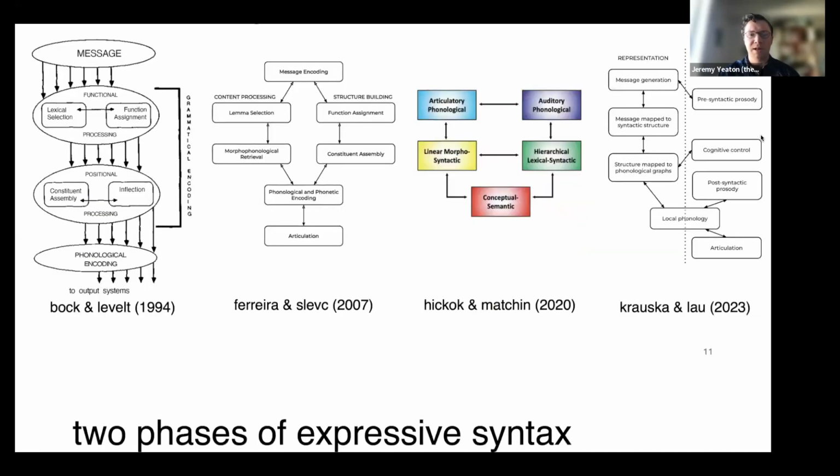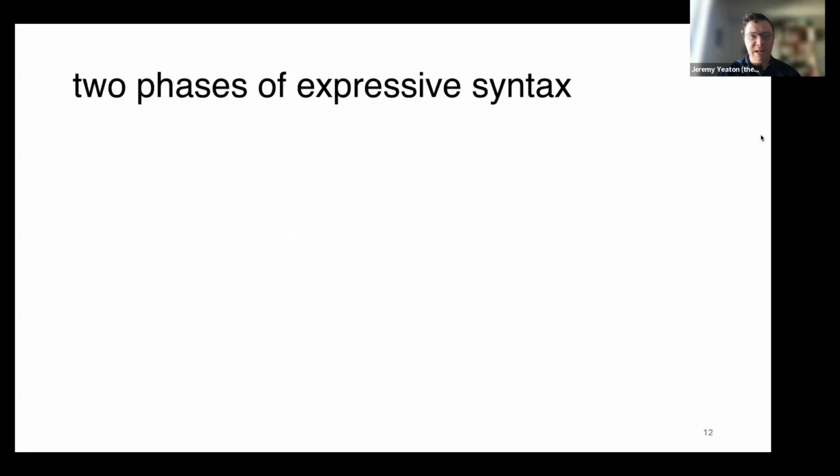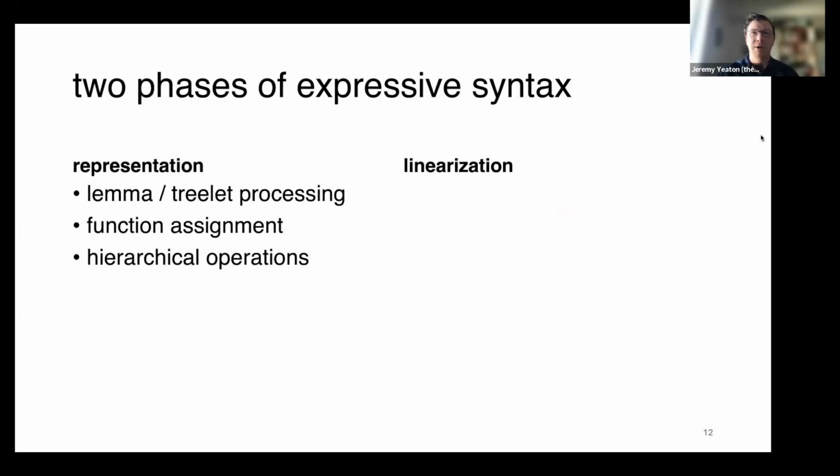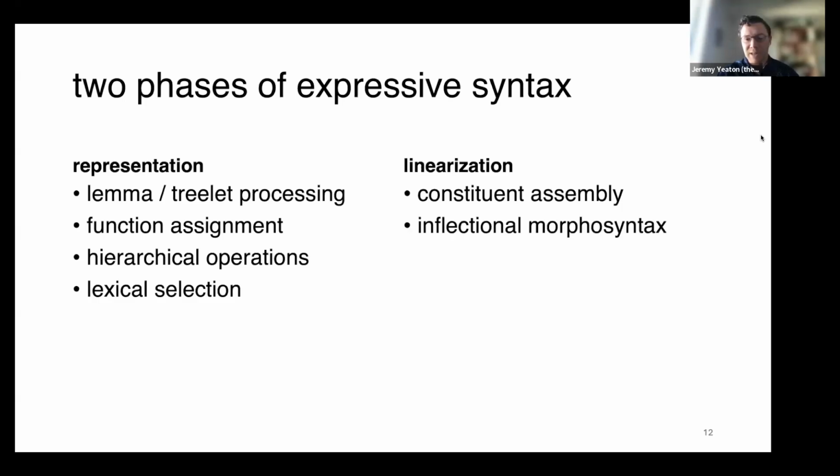So for the purposes of this talk, I'm going to focus on representation versus linearization. But in principle, these are all more or less the same things. So in the representation side, we have lemma or treelet processing, we have function assignment, hierarchical operations, and lexical selection. Versus on the linearization side, you have constituent assembly, inflectional morphosyntax, and linear ordering.